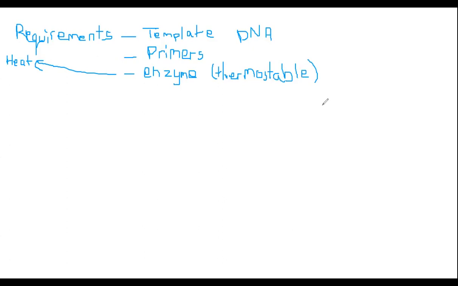All right, so we've got template DNA, we've got primers, we've got enzymes, and remember when an enzyme is copying DNA, then it needs the building blocks of DNA. It needs to incorporate the building blocks of DNA.